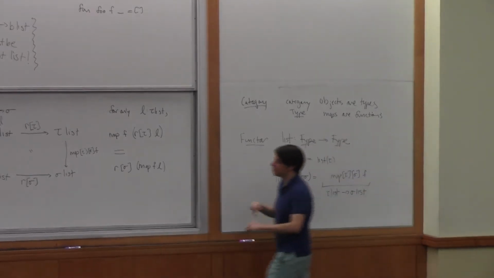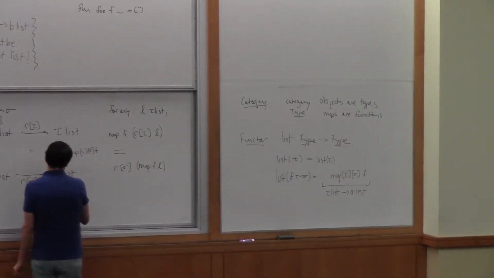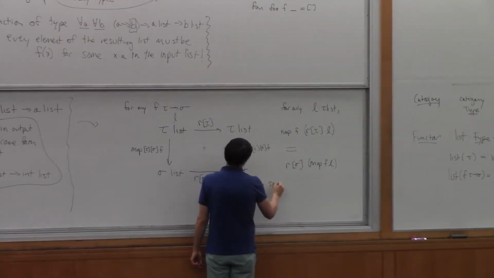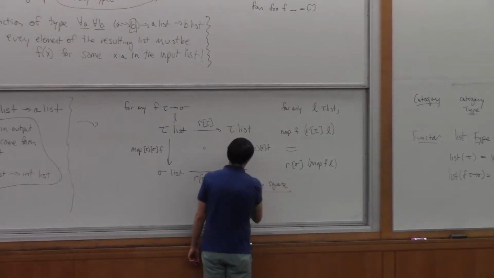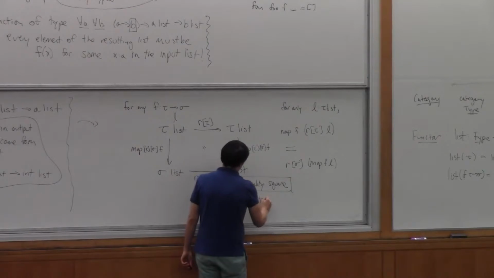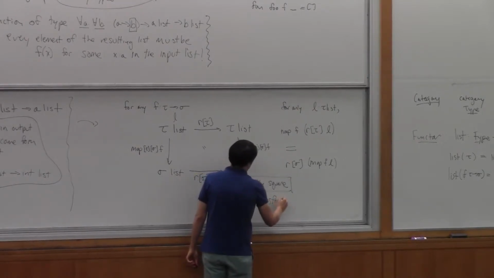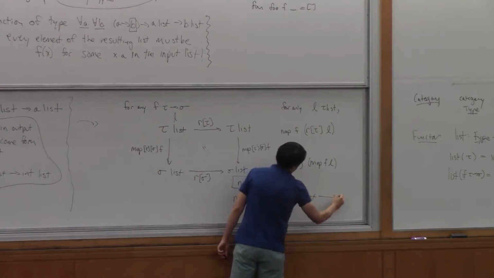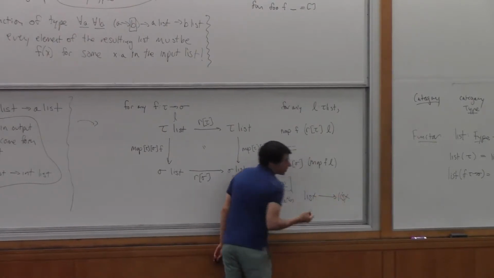What we just drew is what's called a naturality square for what's called a natural transformation from list to list.